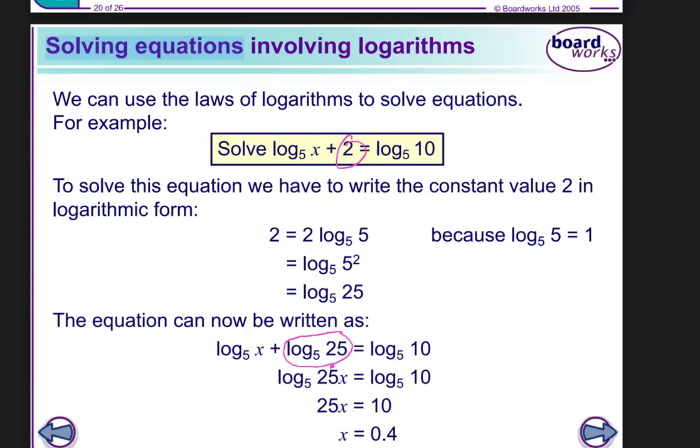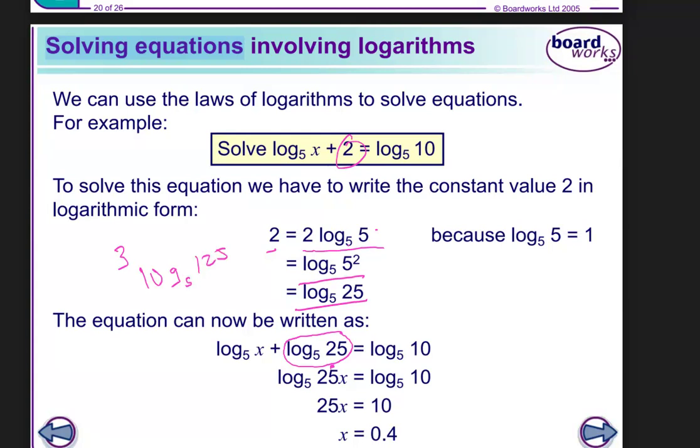So that's what we're doing here. 2 equals 2 log this. So log base 5 of 5 is 1. So you can turn it to log base 5 of 25. Just like for 3 now, you can turn 3 to log base 5 of 125. So we've turned that one.